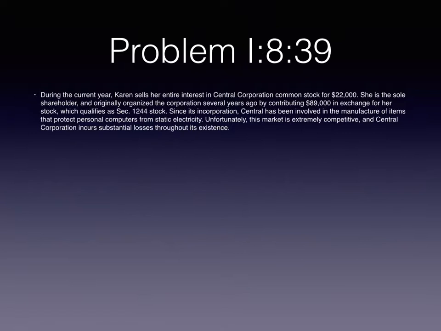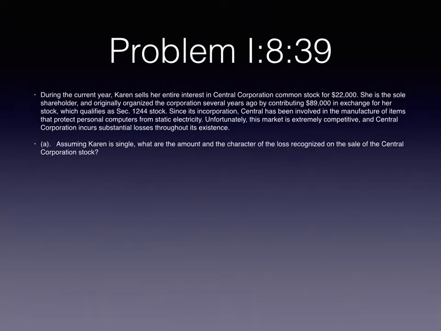Continuing on, since its incorporation, Central has been involved in the manufacture of items that protect personal computers from static electricity. We don't really need to know that. Unfortunately, this market is extremely competitive, and Central Corporation incurs substantial losses throughout its existence.